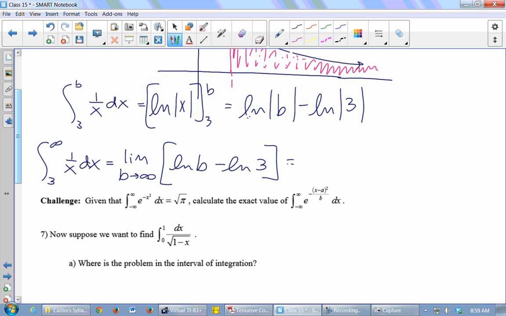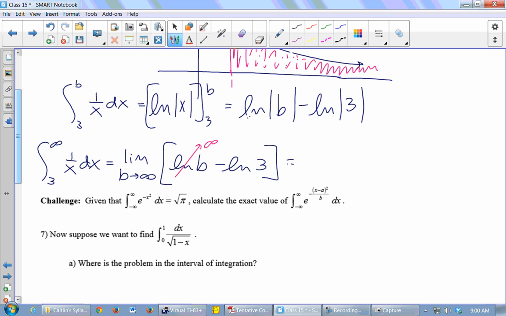Okay, what happens to the ln of something as that something gets bigger and bigger and bigger? It gets bigger. Yeah, the natural log is an increasing function. So as b gets bigger, the ln of b gets bigger. So this goes to infinity. ln of 3 is a constant, doesn't change as b gets bigger.